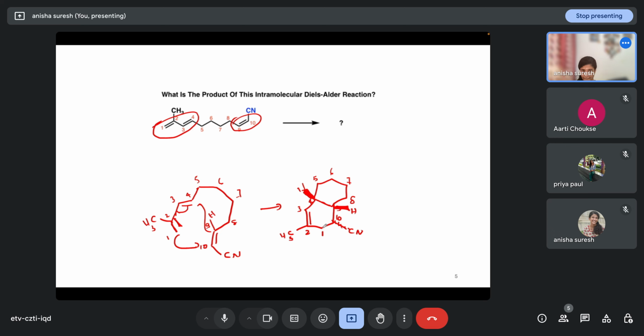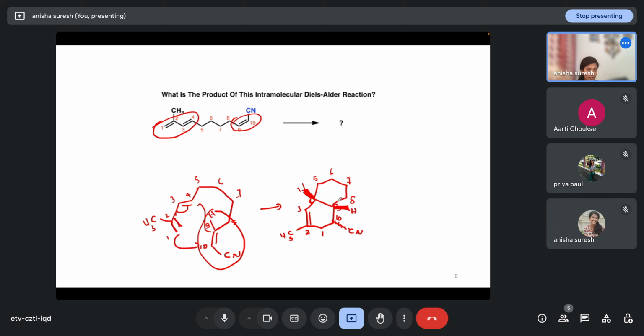Fine. Since the dienophile here is in the cis configuration, means with respect to hydrogen, if you are considering it is in the trans form, but with respect to this CH2, it will be coming in cis configuration.